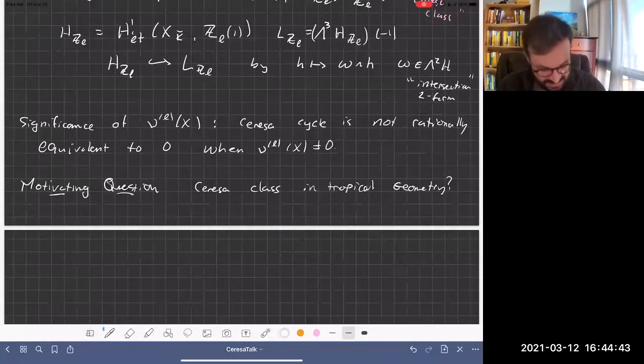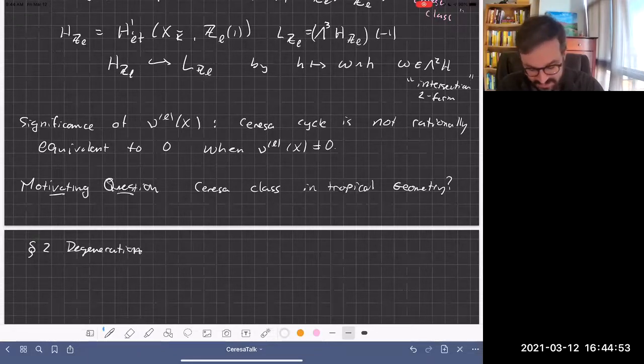Right, so this brings me to the next part, which I'll call degeneration. In answering this question, we're actually able to define a suitable notion of a Ceresa class in two separate settings: the topological setting and the tropical geometry setting.